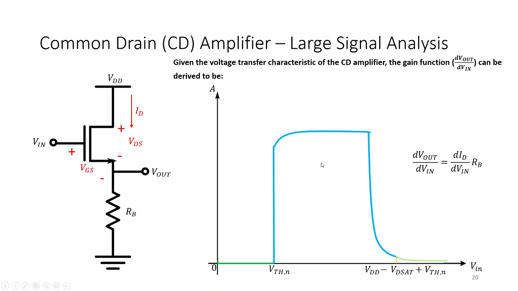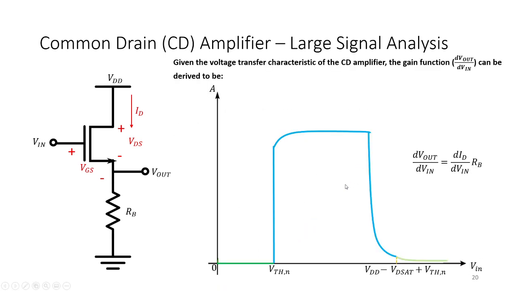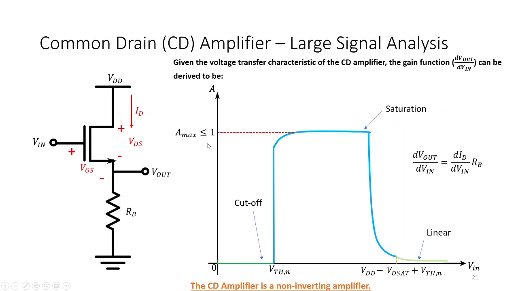As you can see from here, it almost looks like a straight line, so the derivative is almost a constant, and it's usually less than 1. And because the gain is positive, this is a non-inverting amplifier.